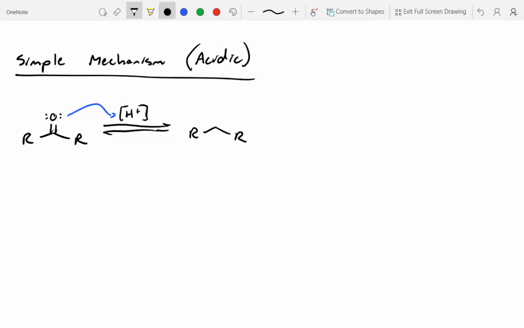but if you think about it, the oxygen, even though it has a positive charge, has something else going on. Resonance, right? So if we think about this, the oxygen doesn't have that much positive character anymore. In fact, the positive character is primarily on the carbon.